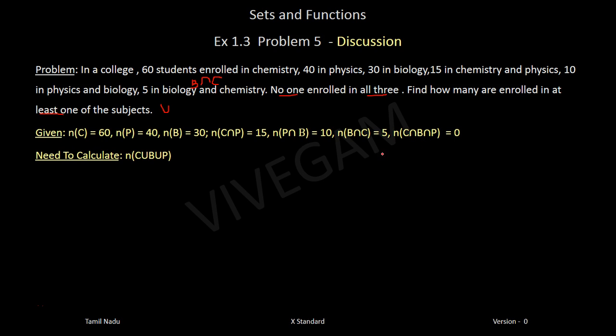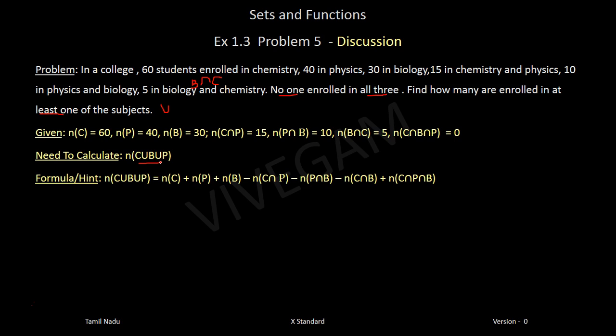Okay, and we need to calculate at least one subject, that is the number of students enrolled either in C or B or P or any combination, or all three. Or means union, and means intersection, so that is C union B union P.